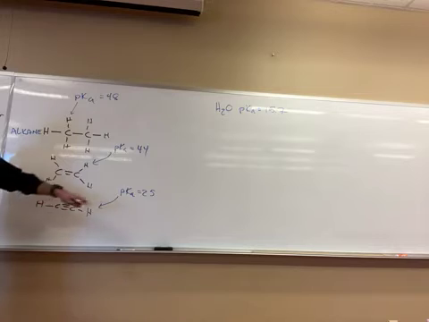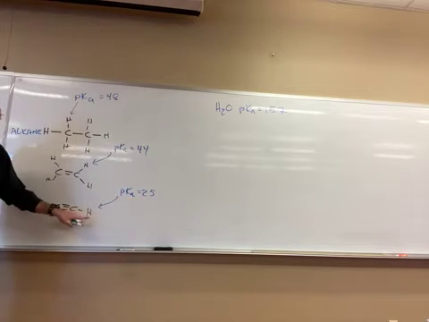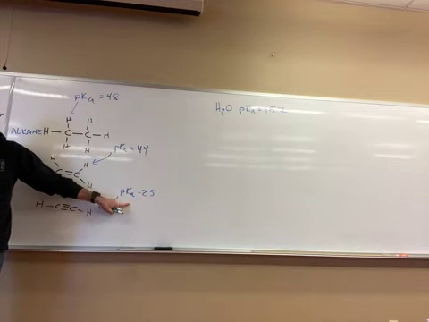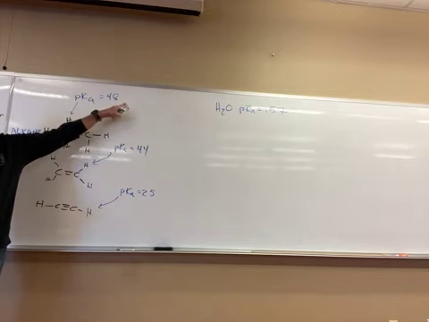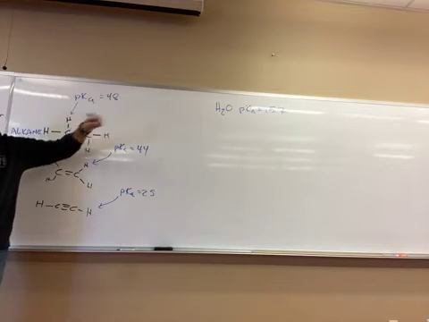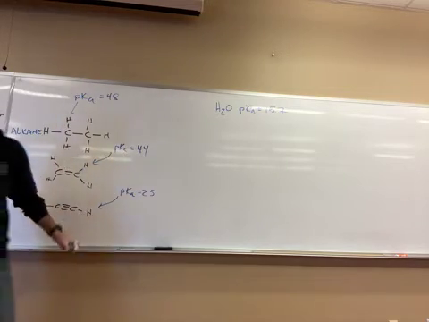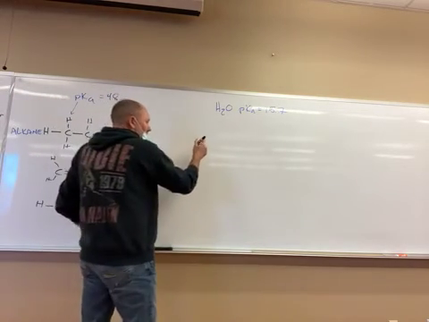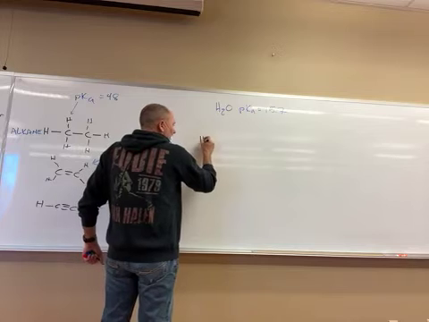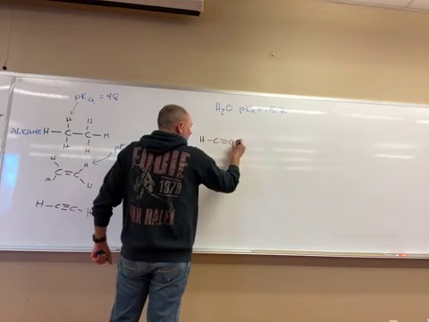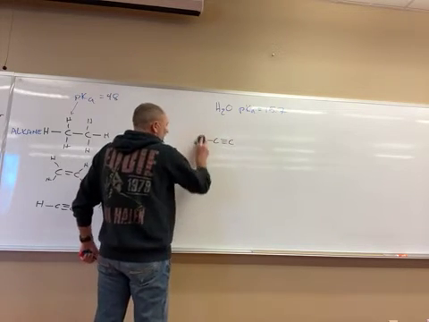Because the acidity of the alkyne is 25, it's much more acidic than the alkene and the alkane. That's why alkyne chemistry has made a massive explosion in the last several decades. Here's what happens. If I take an alkyne, I'm going to make this generic, I'm going to make an R here.